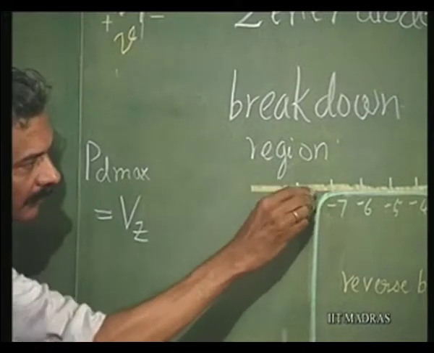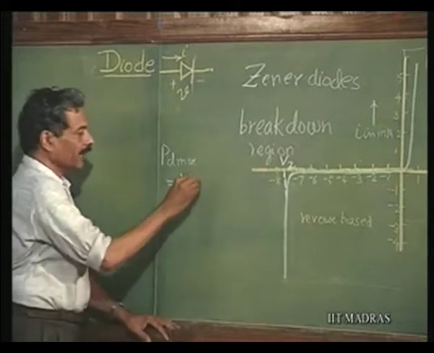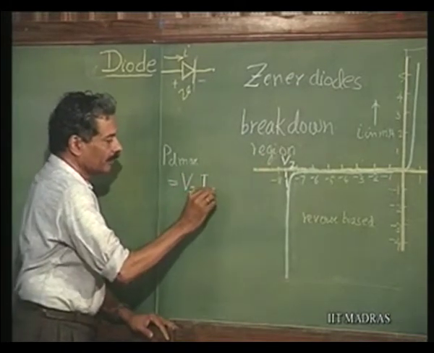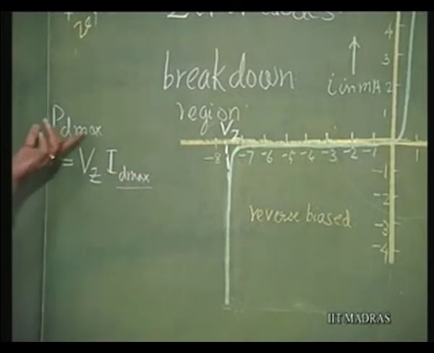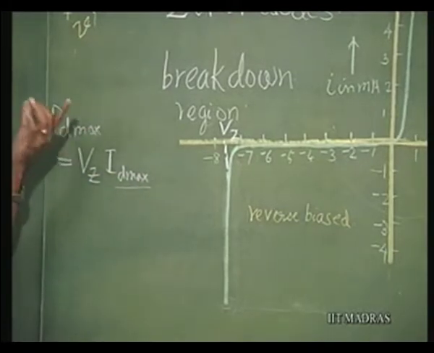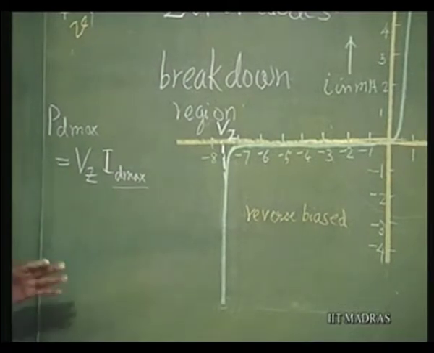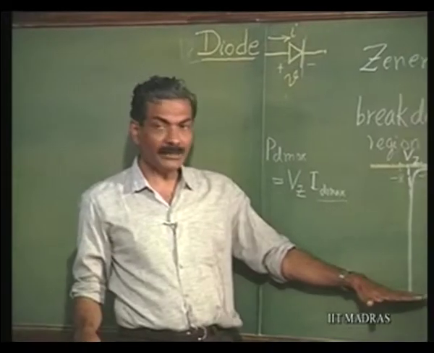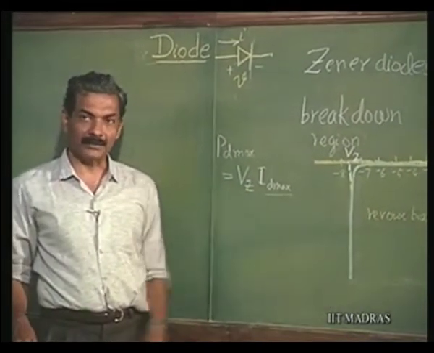So, this is called Vz, that into I diode maximum. That is the maximum power the Zener diode is capable of dissipating without permanently getting damaged. So, you should always operate this Zener diode below this value of current ID max.